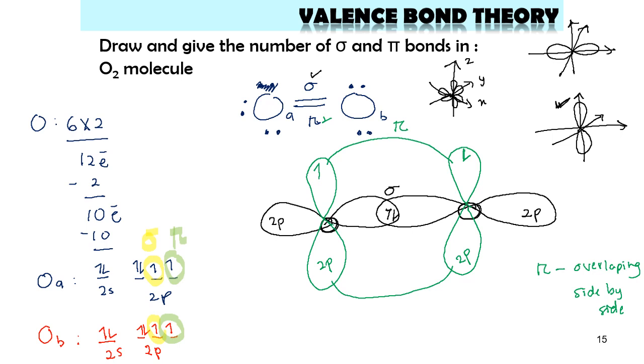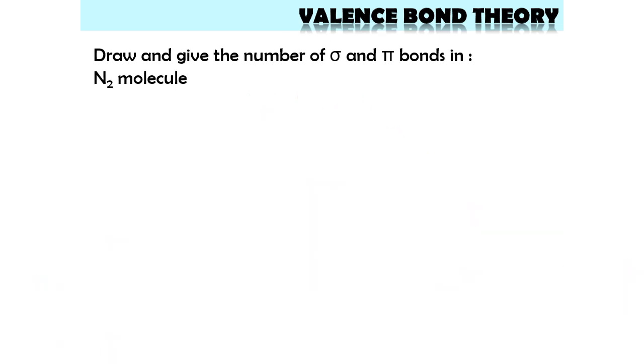Alright. So next we move to the next. Okay, the last example is nitrogen molecule. So nitrogen molecule, you have 5 valence electron times 2 nitrogen atom, total 10 electron.